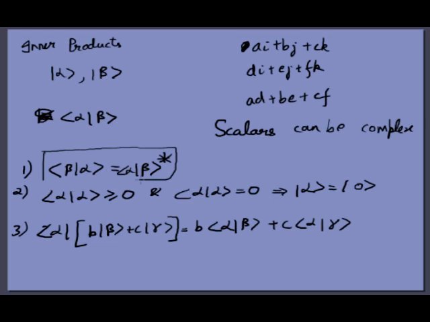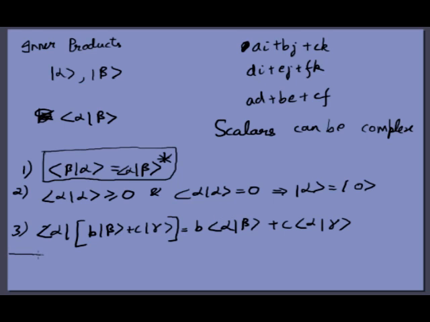And of course, if all the scalars are real numbers, then beta alpha will be equal to alpha beta. So this is indeed true for the general dot products as well. And when you have a vector space which also has an inner product such as this, which obeys these three laws, it is called an inner product space.